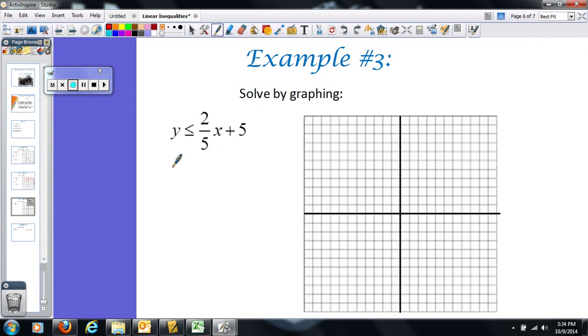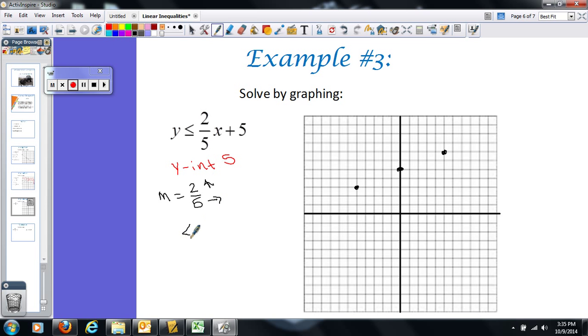So we got our y-intercept is at 5. 1, 2, 3, 4, 5. And now we're going to use our slope, which is 2/5. So I go up 2 and I go right 5. 1, 2, 1, 2, 3, 4, 5. I put a point, and I'm going to work backwards. So down 2, left 5. 1, 2, 3, 4, 5. Here's my graph.